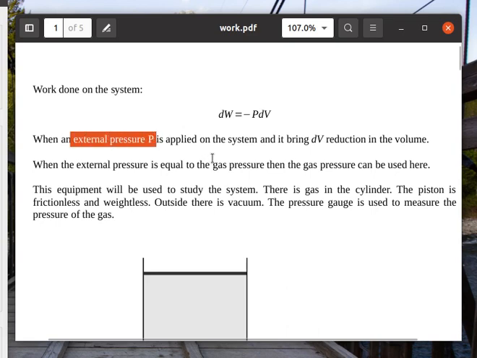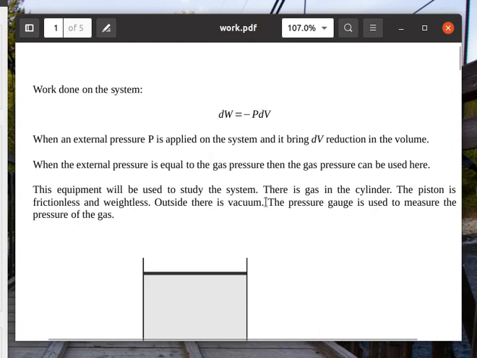It is not the pressure of the gas, actually it is the external pressure, or the pressure that is applied by some agent. If you are compressing the gas, then the pressure you are applying on the gas is the external pressure. It's a very important point. And the second point is also very important: when the external pressure is equal to the gas pressure, then the gas pressure can be used here.